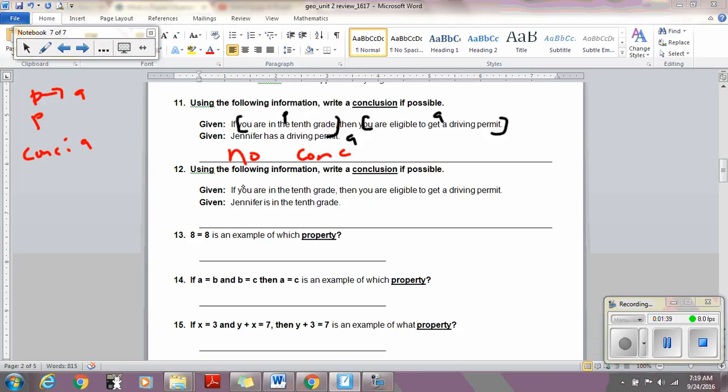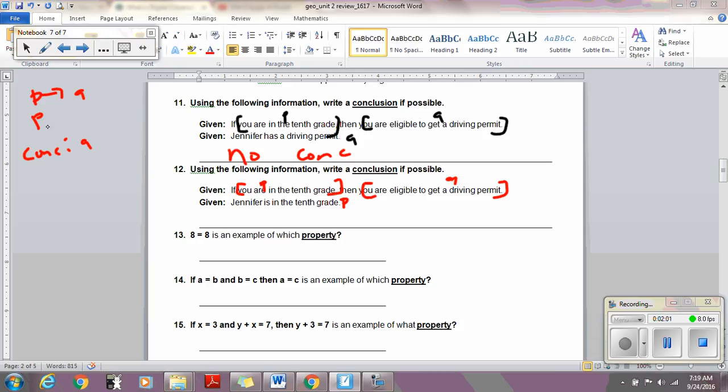Now let's look at number 12. If you are in 10th grade, then you are eligible to get a driving permit. That's the same statement. So that P is you are in 10th grade. You are eligible to get a driving permit is Q. Then it says Jennifer is in 10th grade. We talked about 10th grade in P. So far it is following the law of detachment.